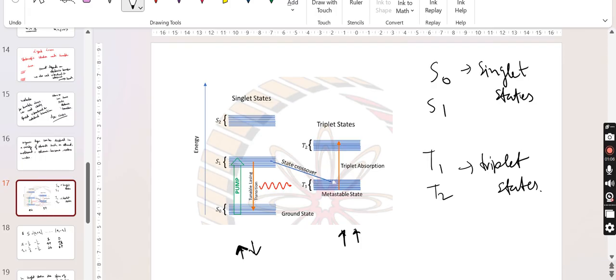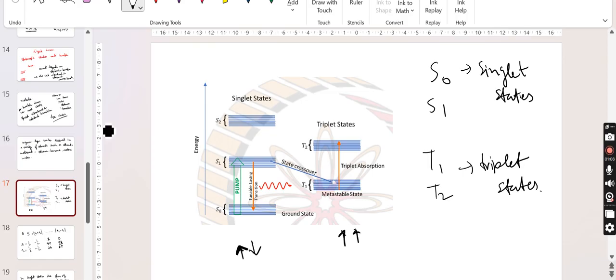When the molecules get to T1, that can diminish the population inversion, and we will get less lasing action if some molecules go to T1 from S1.